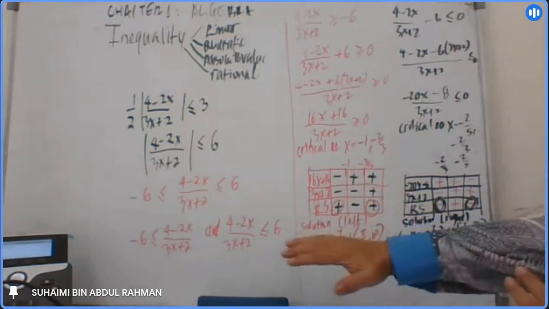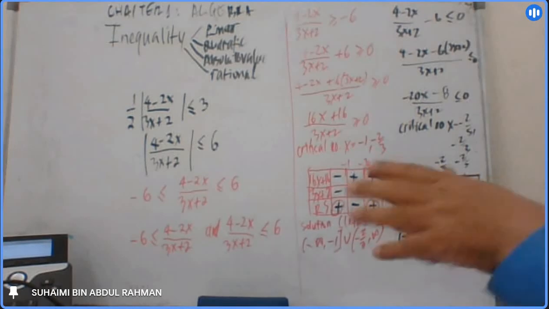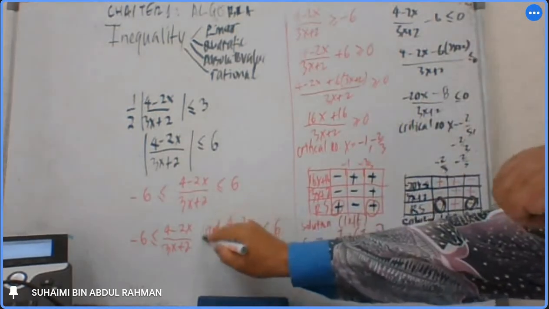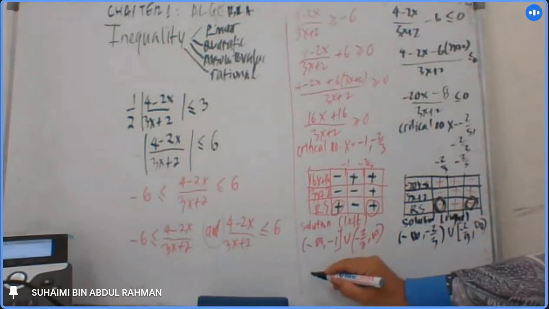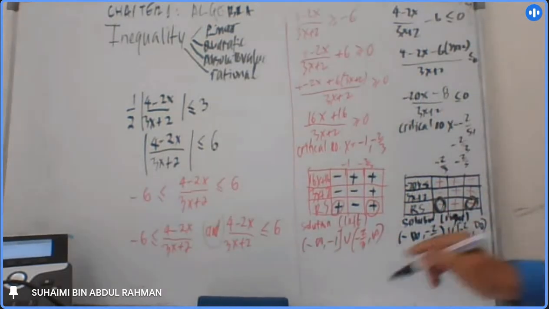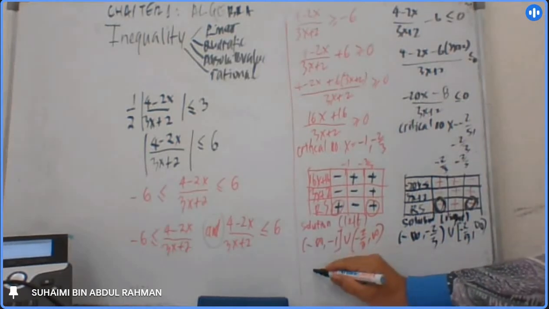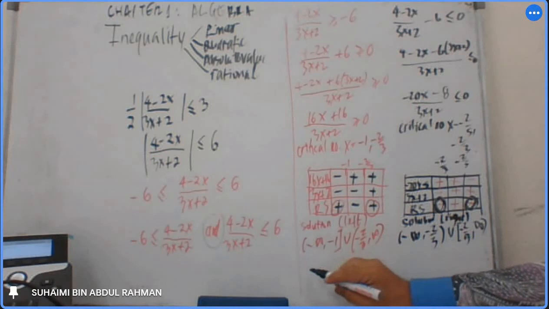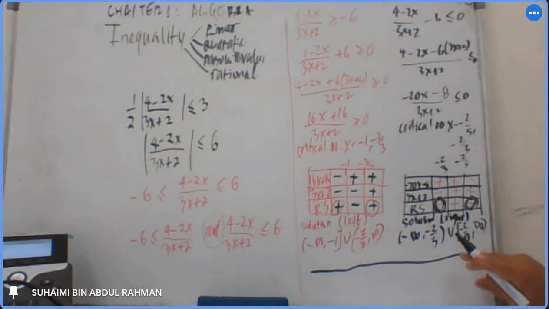And that's the solution for left and the solution for right. Remember, because of the word and there, we have to find the place of intersection. So how do we find the intersection between these two solutions? We draw one number line and write down all those values.